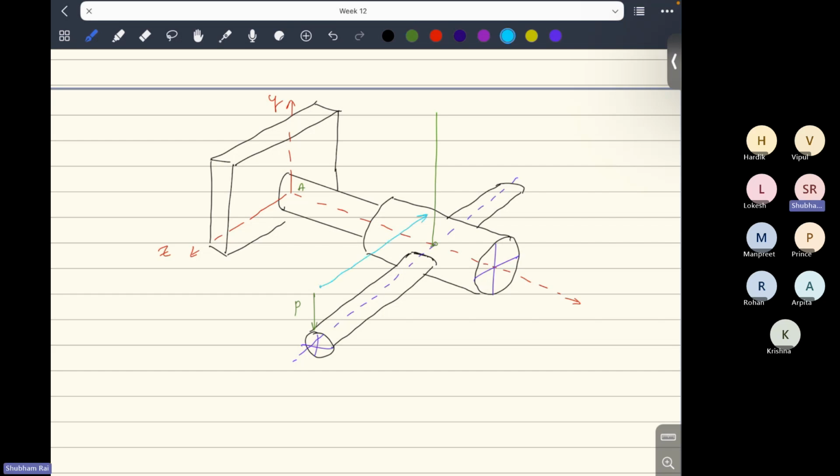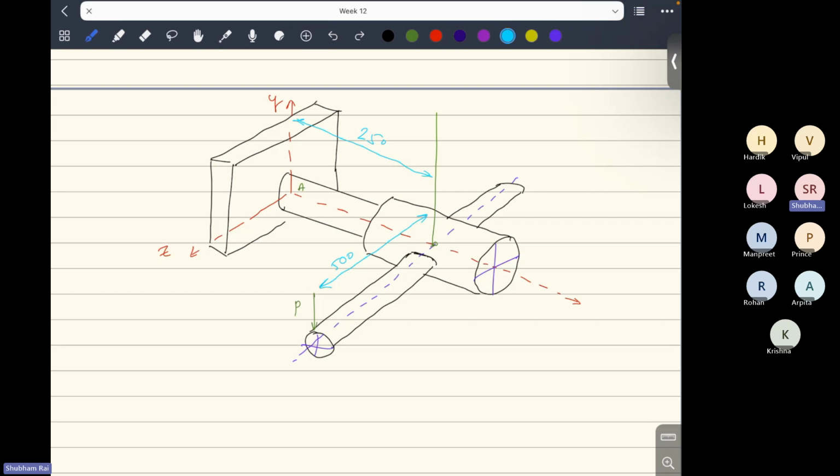This distance is 500 mm, and the distance between the y-axis and this point, that is 250 mm. These all are in mm, so I'm just not writing the units.